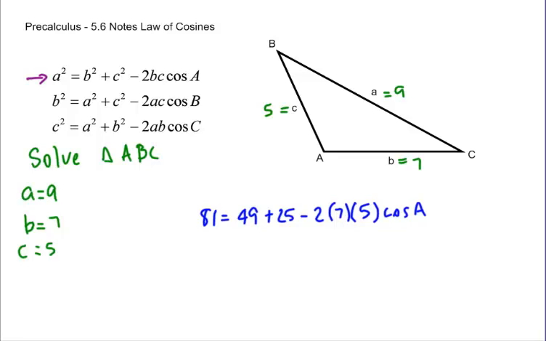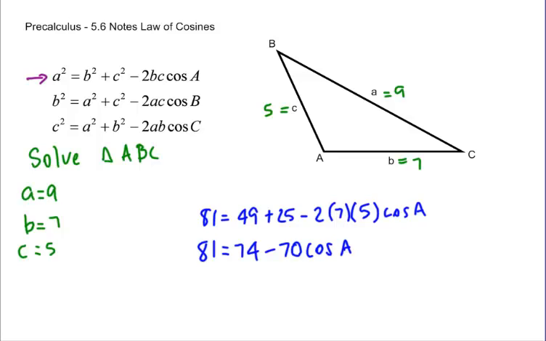So do your math, and clean it up just a little bit. 49 plus 25 is 74, minus, and then 2 times 7 times 5 is 70 cosine A.